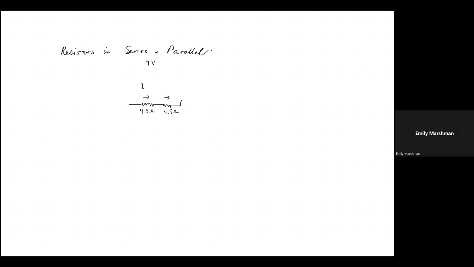Let's now focus on resistors that are in parallel with each other. So when resistors are in parallel with each other, what that means is, here's my battery. I'm taking my battery and connecting it to each individual resistor separately.